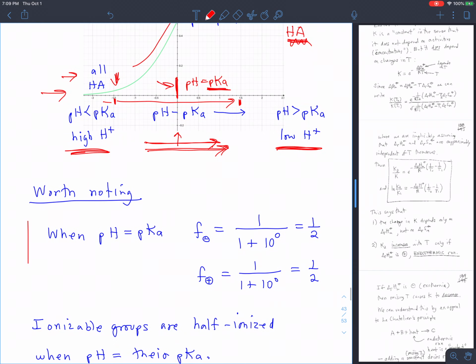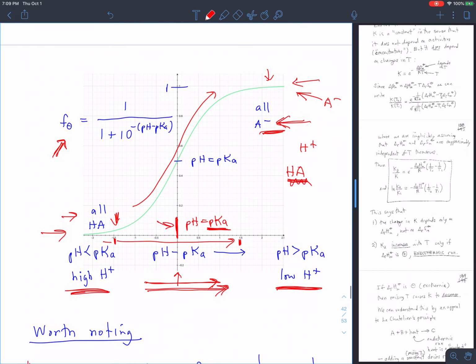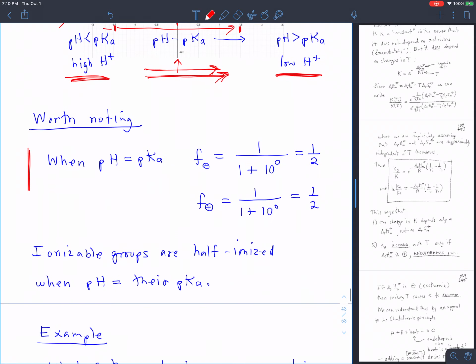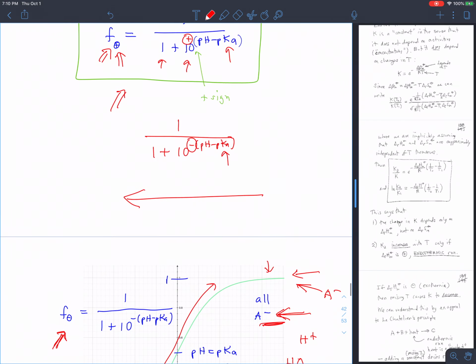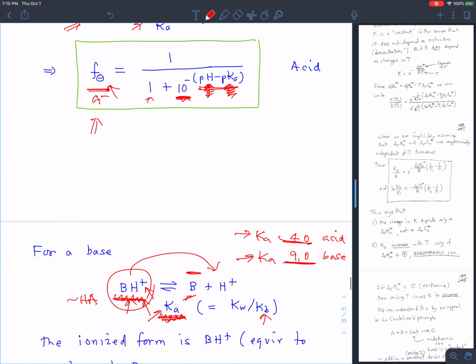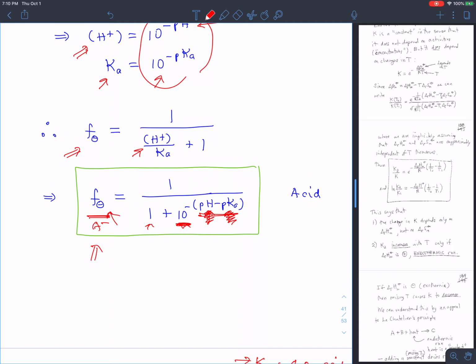Another thing worth noting, I already sort of pointed it out here, or I wrote it at least without saying anything about it, and that is if the pH is equal to the pKa value, you can see it in the formulas here. If a typical organic acid has a pKa of 4.0, and the pH of my solution is also equal to 4.0, then this exponent will be 0.